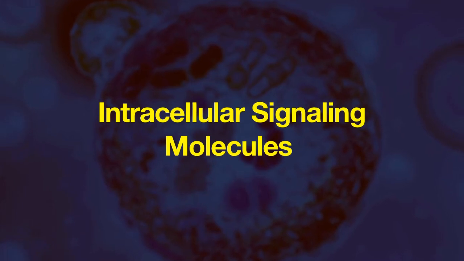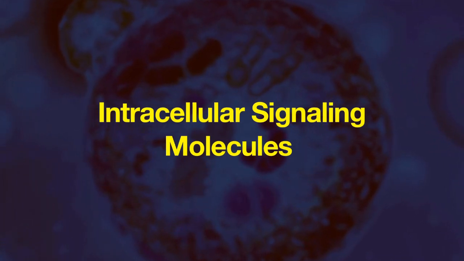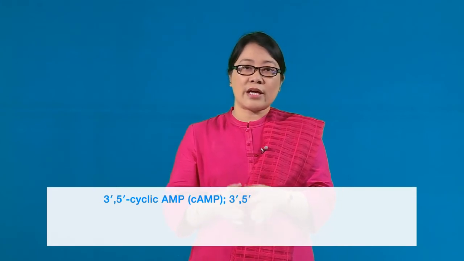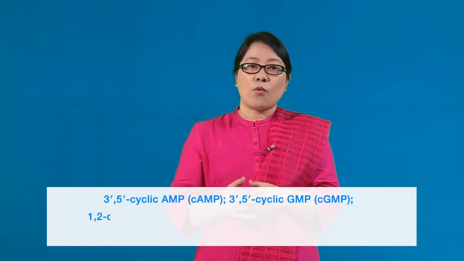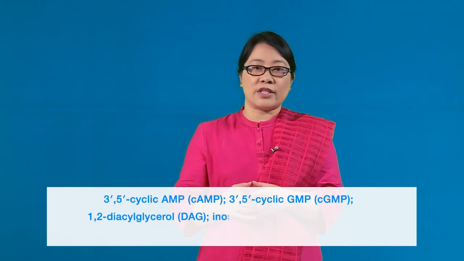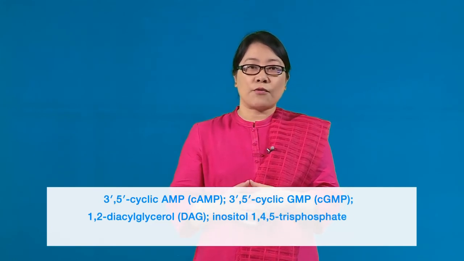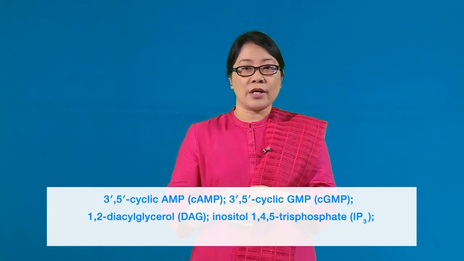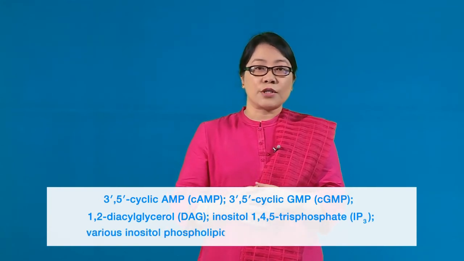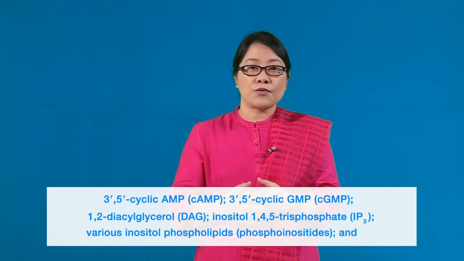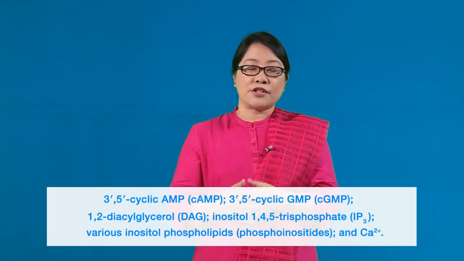Next, let us see intracellular signaling molecules. Cell signaling also involves the role of several intracellular signaling molecules, termed second messengers. For example, 3,5-cyclic AMP or cAMP, 3,5-cyclic GMP or cGMP, 1,2-diacylglycerol or DAG, inositol 1,4,5-triphosphate or IP3, and various inositol phospholipids or phosphoinositides and calcium ion.